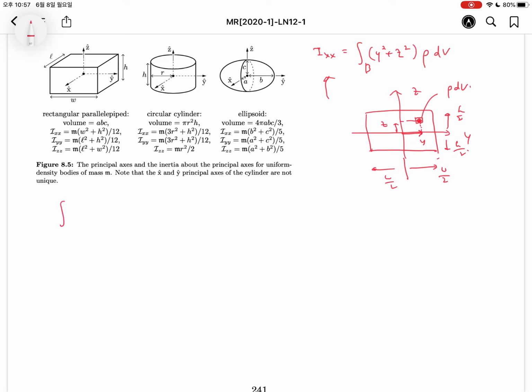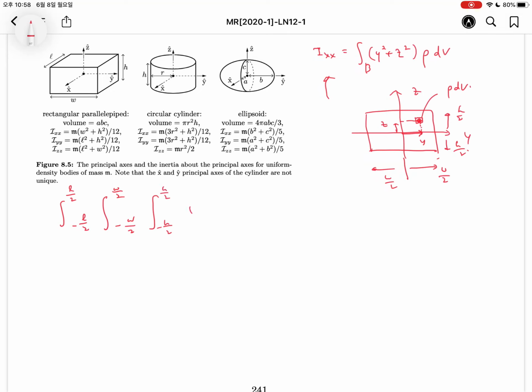In the case of the x axis, from minus L over 2 to plus L over 2, and for y from minus w over 2 to w over 2, and the z will be from minus h over 2 to h over 2.